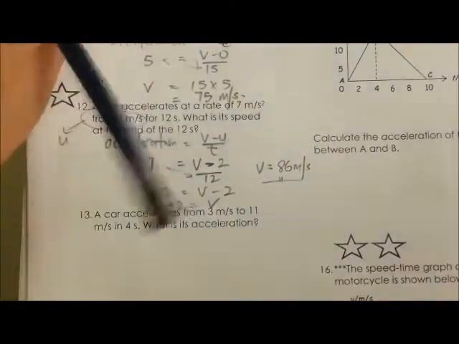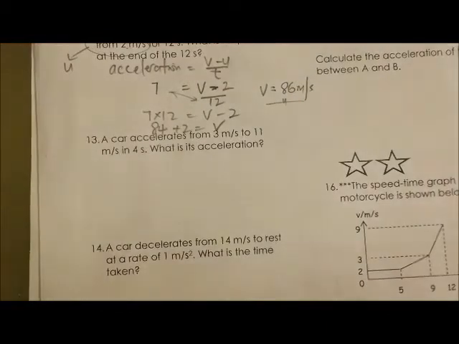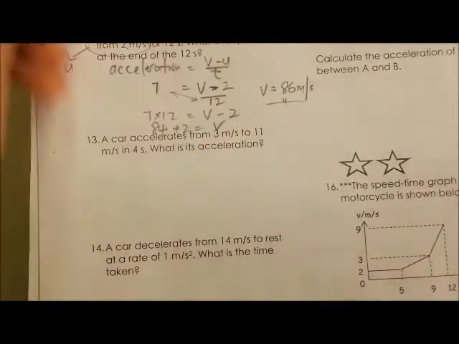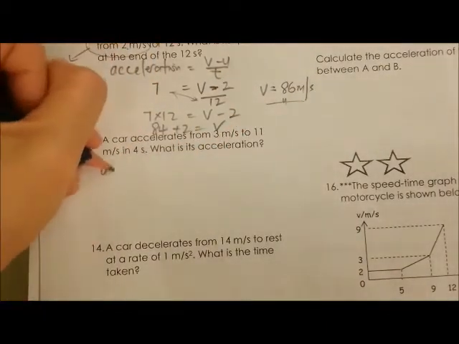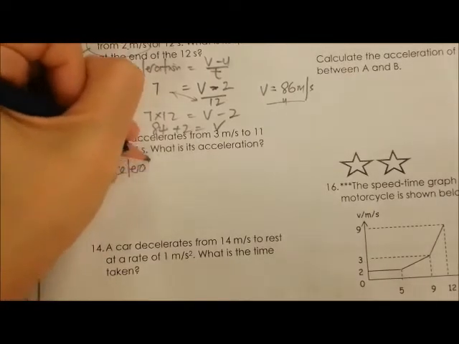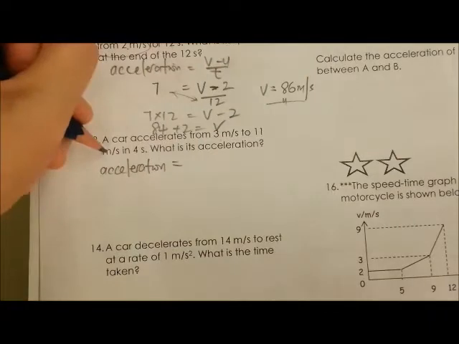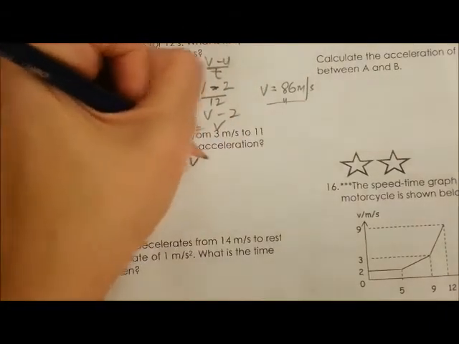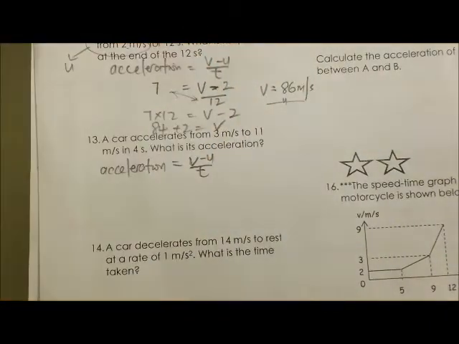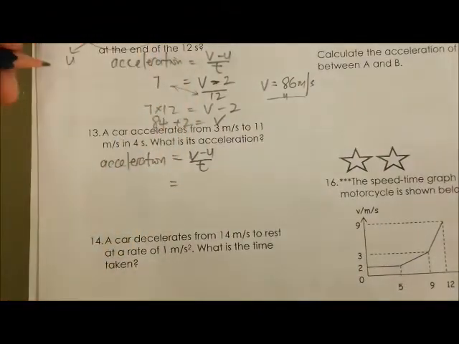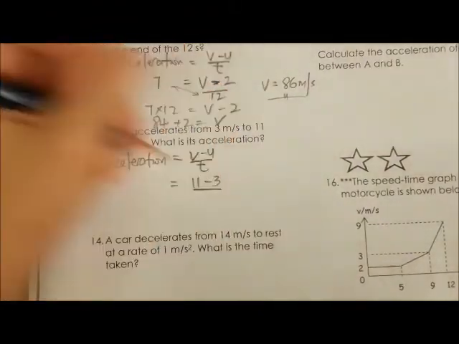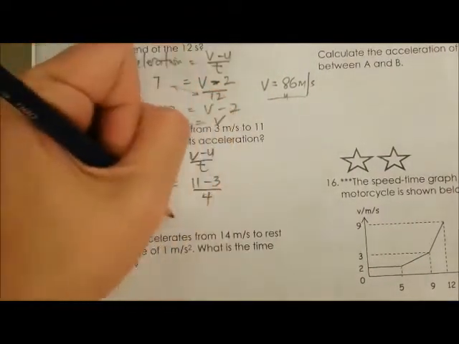Final speed is 86 meters per second. A car accelerates from 3 to 11. What is the acceleration in 4 seconds? From, this is u, to v. Acceleration is v minus u over t. Always write down the formula to internalize the formula. 11 minus 3 divided by 4.